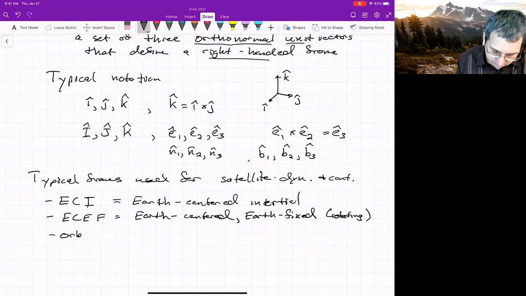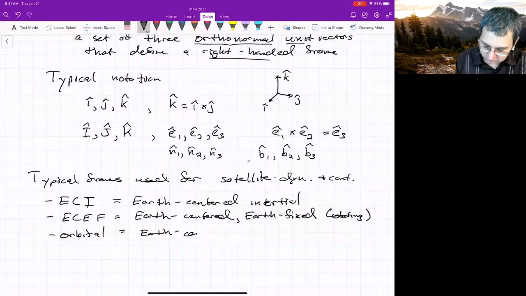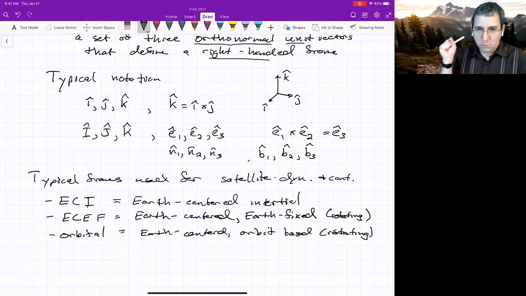There's also what's called the orbital frame. So this is, in some sense, as we'll discuss, Earth-centered, but orbit-based. And it is rotating as well because it's moving around with a point in an orbit around the Earth.